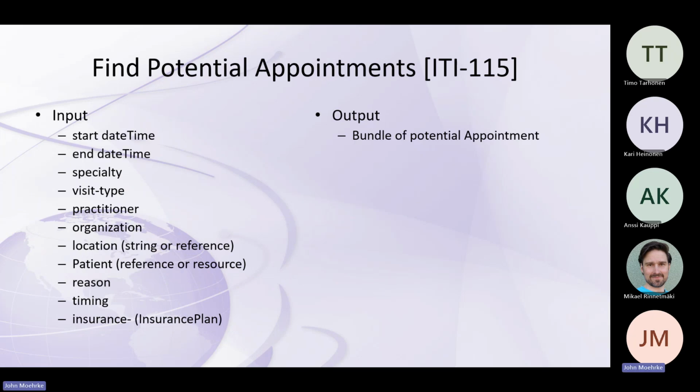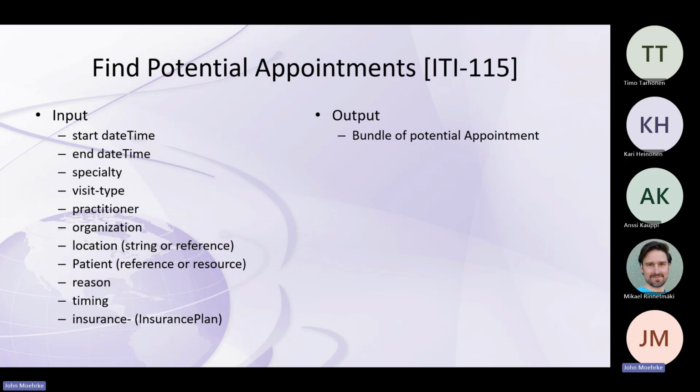So, find potential appointments. This is a FHIR operation, and in that way the server can create or modify resources. It can also go through business rules. It can look through details about the practitioners or the patients in question, and it will return a bundle of potential appointments.